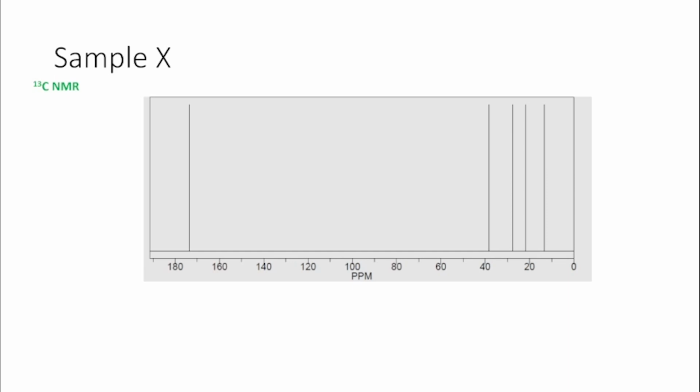Coming back to our carbon NMR, the area I'm most interested in is this signal here, which is between 160 and 180. And this is indicative of a carbonyl carbon that belongs to either an ester or an acid. Now, we know we don't have an ester because we don't have 2 oxygens, and we know we don't have an acid because we don't have 2.